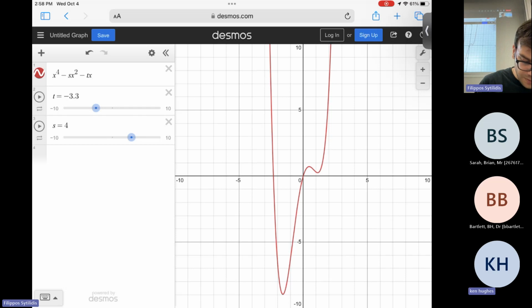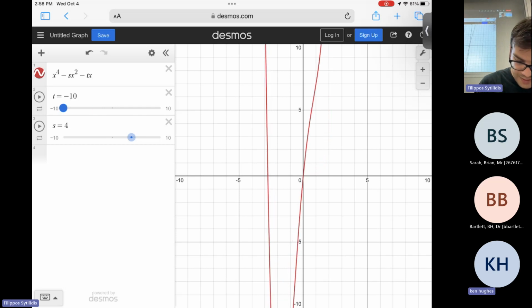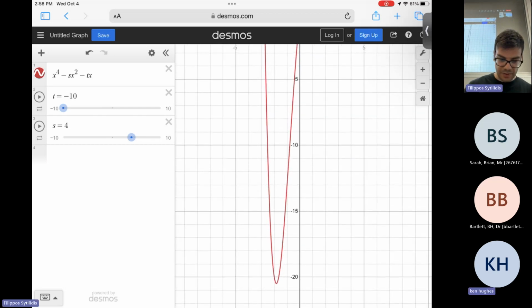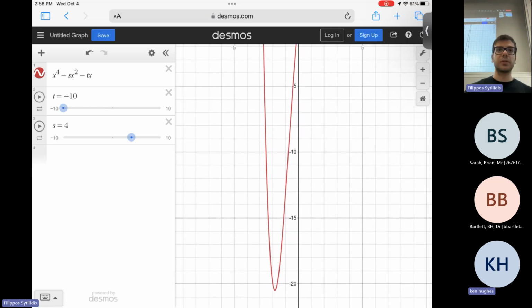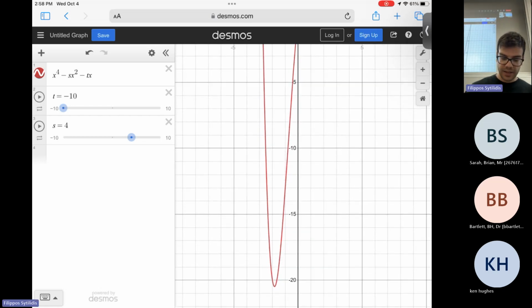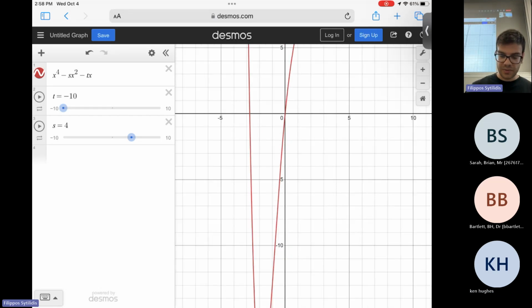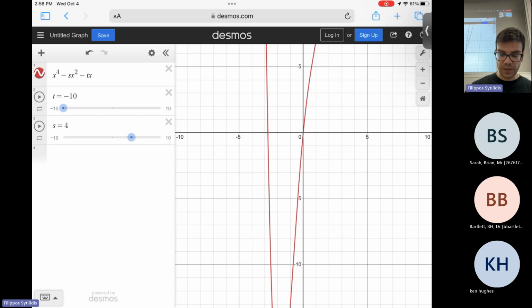So if I start with T being very negative, I have a map with a single critical point. Here you see the critical value of it, and in the graph there's no other critical points occurring.